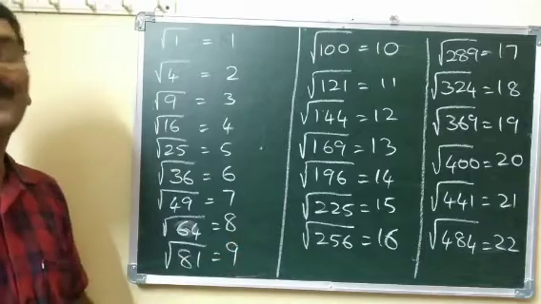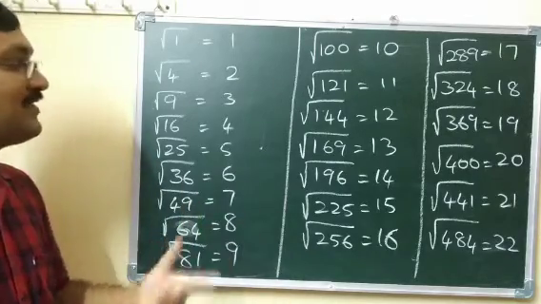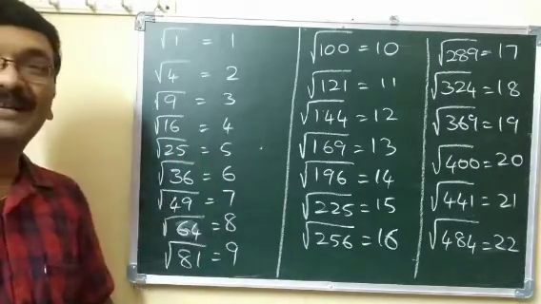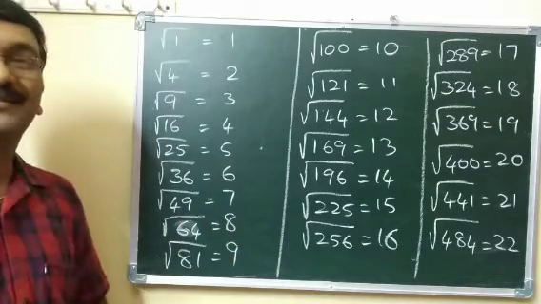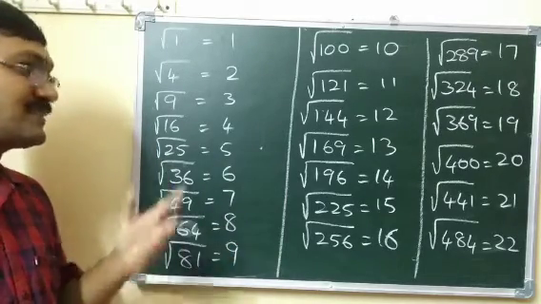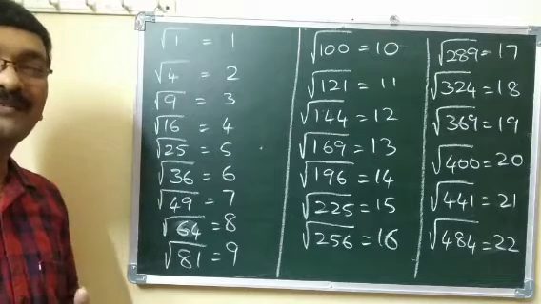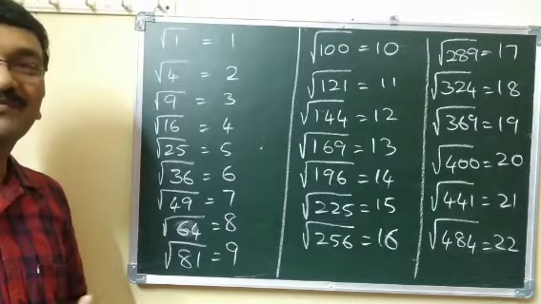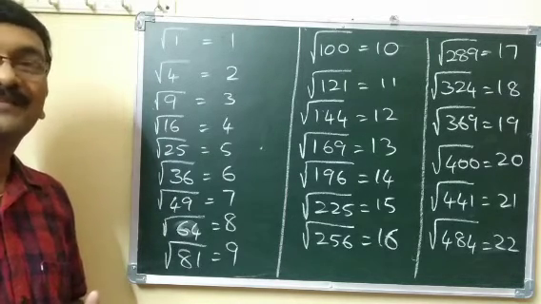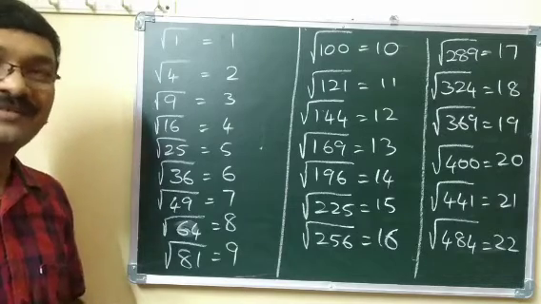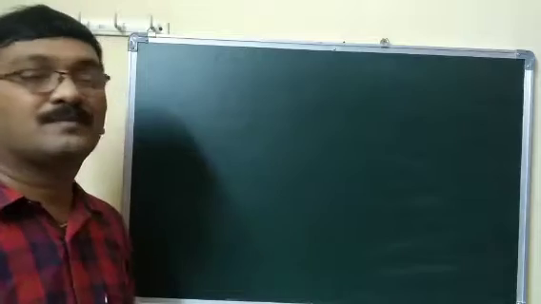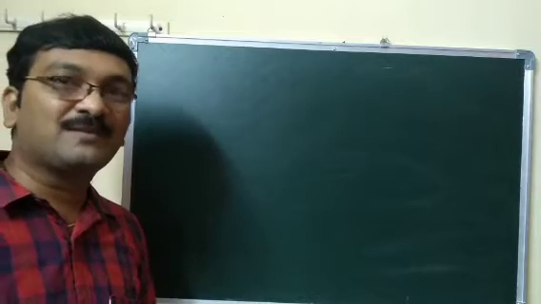Now I have given for the first 100 numbers, and similarly you can write for larger ones. 10 square is 100, so root 100 is 10, root 400 is 20, root 900 is 30, root 1600 is 40. These are square numbers only.